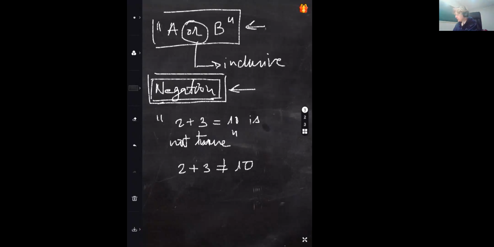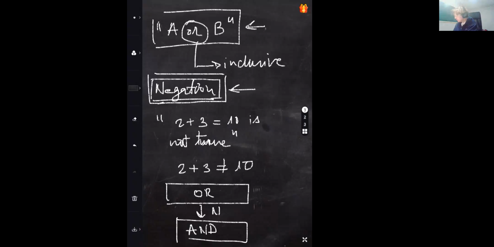So if you have a statement that contains an or, and you negate that statement, that or will turn into an and. And the negation, vice versa, will convert an and into an or. And this is where we left it last time, and this is where we're picking it up again.